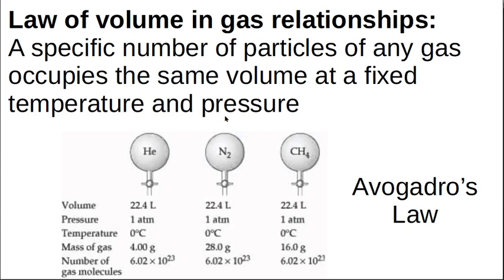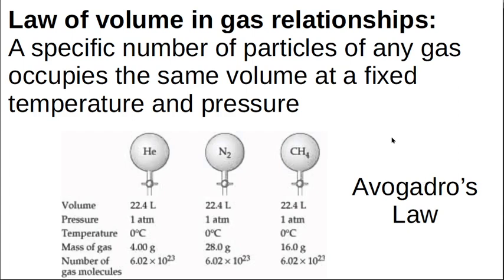If the temperature and pressure are fixed, so say at room temperature, and I've got 5 particles of hydrogen gas, 5 particles of nitrogen gas, 5 particles of methane gas, they will all fill a balloon to exactly the same size. This is called Avogadro's law, and later I will see if I can give you the exact definition of Avogadro's law.